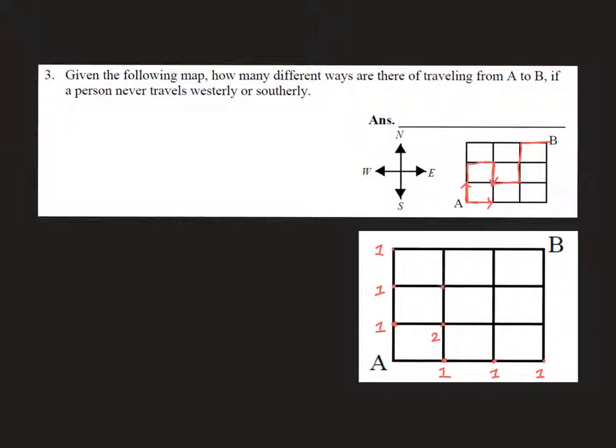And same thing here. There are 3 ways to get to this point because either you come from this point, and there are 2 ways to come from this point, or you come from this point, and there's only 1 way to come from that point. So you add them.